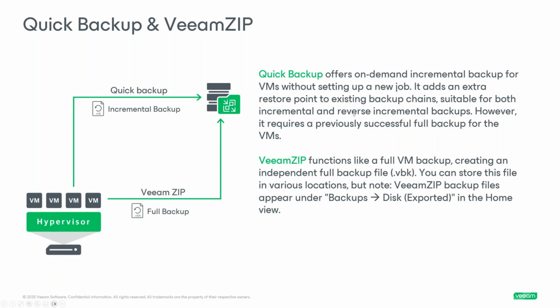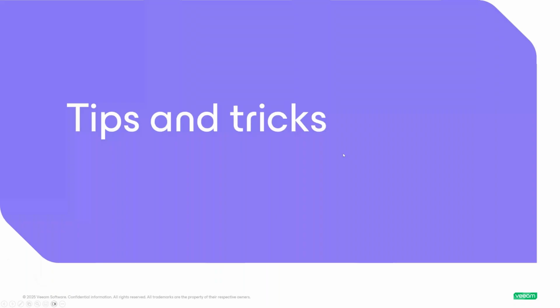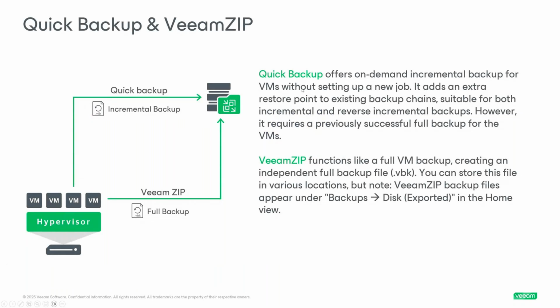It will add a new restore point to the backup chain that you already have, but it requires you to have a previous full backup created successfully for the VM. You also have Veeam Zip that is pretty much the same thing as Quick Backup, but creates a full backup instead. So you can create an independent full backup that you can restore from.